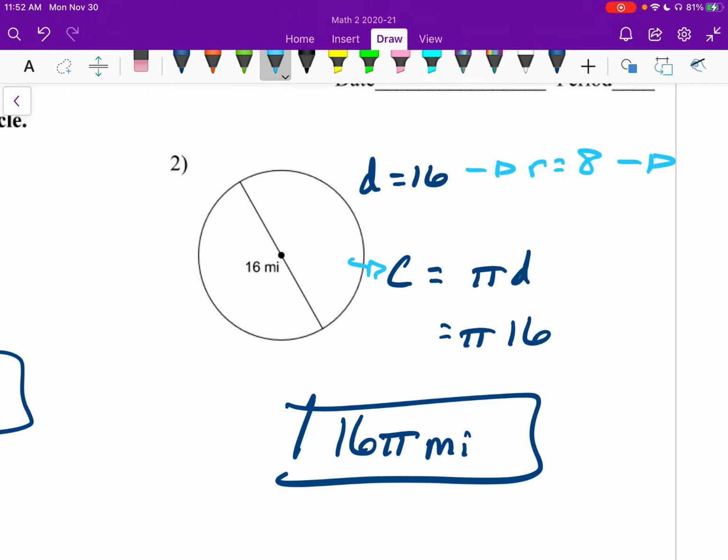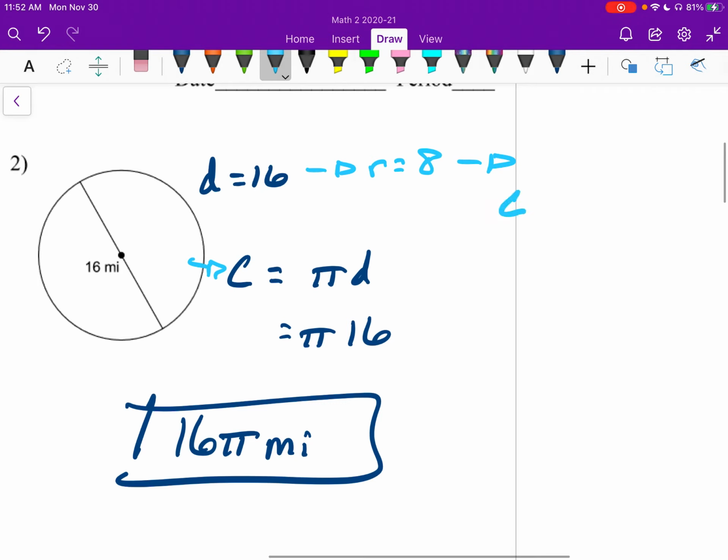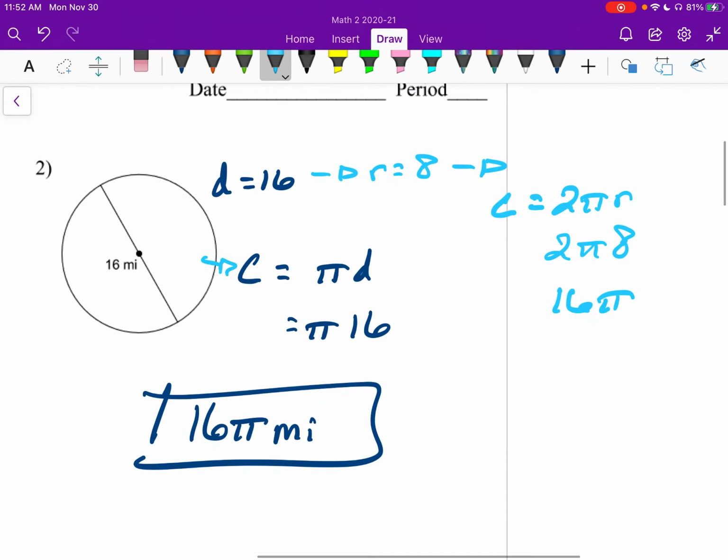And then you could say circumference is 2 pi r, 2 pi 8, 16 pi. Okay, I just wanted to make sure that I showed you that. Normally what I do is I always turn them back into the radius. That's what I would do if I was working on my own. But you're able to use the diameter, you're able to use the radius, it doesn't really matter. So just wanted to make sure we saw that.